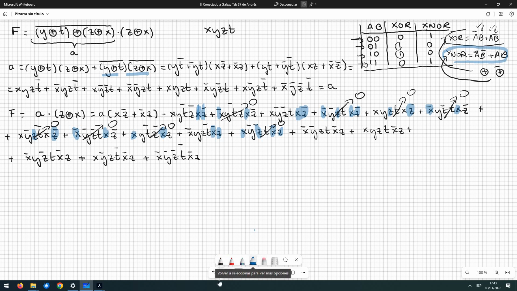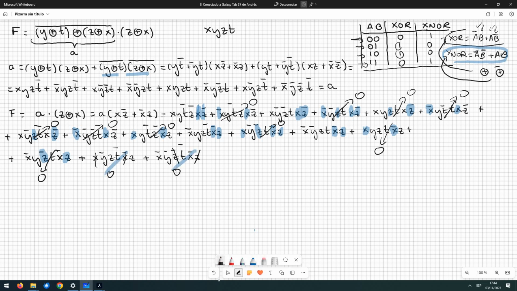Here we can get rid of this X negated and this C by the idempotent law. Here we have the X and the X negated, so it's going to be 0. Here we have the C negated and the C, so it's 0. And here we have the X and the X negated, which is 0. And here we have the C negated and the C, so it's 0.